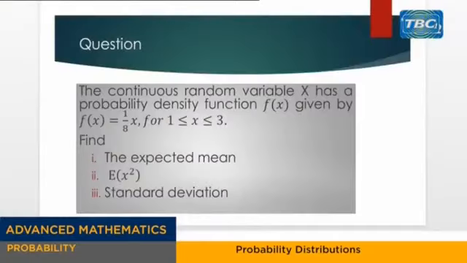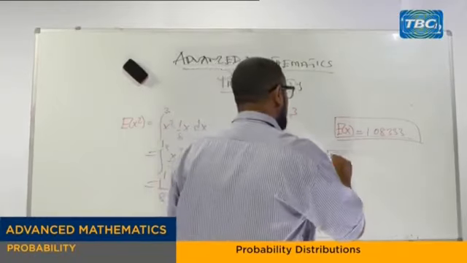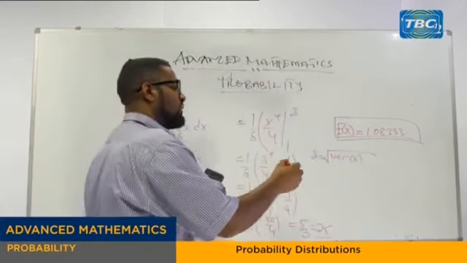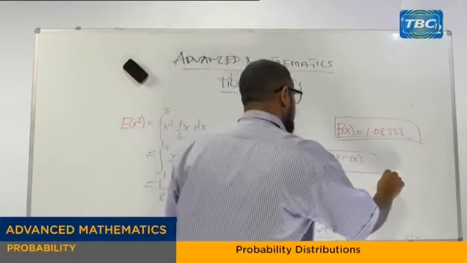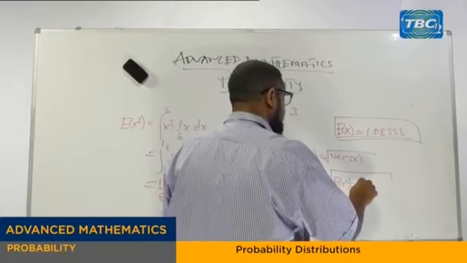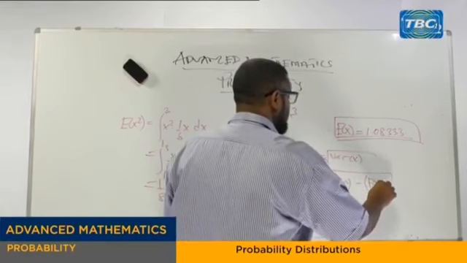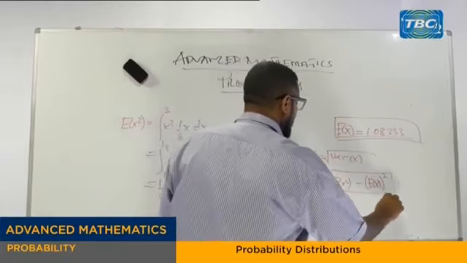Now lastly, find the standard deviation. When finding standard deviation, you need to recall the formula, which is given by the root of the variance of x. But also remember the formula for finding variance, which is given by the expectation of variable x squared minus the square of the mean of the variable x. We have all the values.